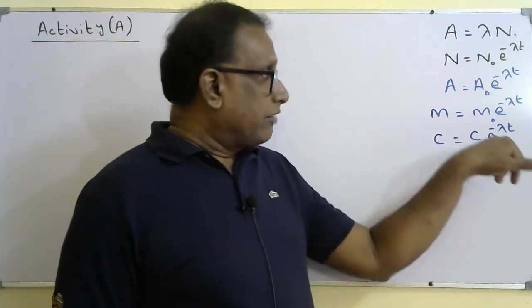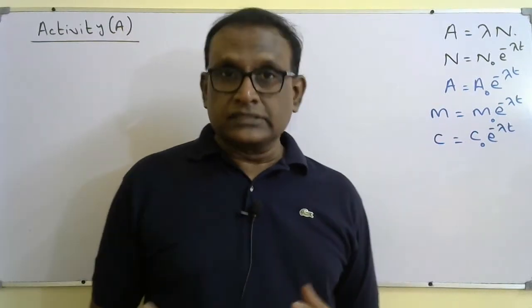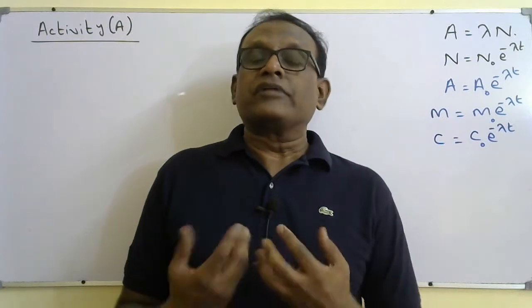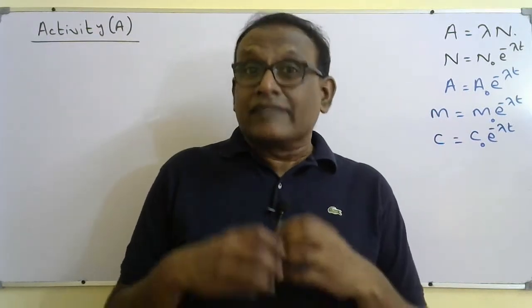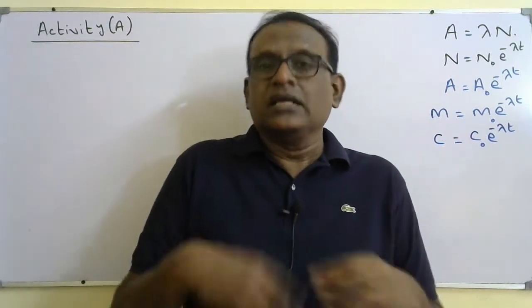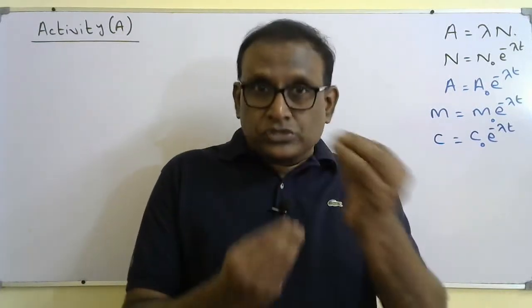Then the theoretical graph, the exponential graph, you would have learned the shape of it in mathematics, and the practical graph will overlap. But if the number of radionuclei is very low, something like a few hundreds, then the random nature of the individual nuclei will become dominant. I told that already, radioactive decay is a random process, individually they are random.